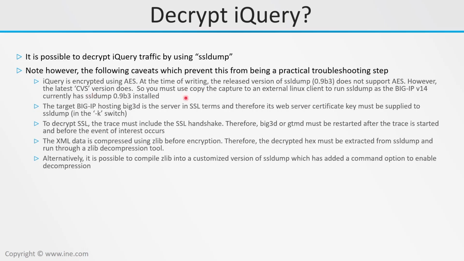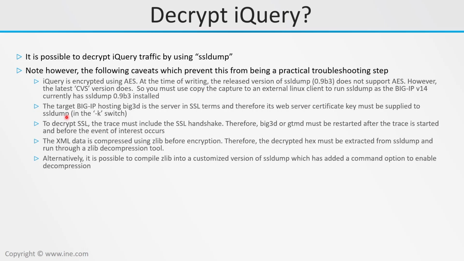So this indicates that you need to copy that capture from the F5 to an external Linux client to run the ssldump, because as of BIG-IP version 14, the F5 does not ship that ssldump version. So you can't run the ssldump locally on the F5. All right, the next thing is you have to use the web server certificate key from the server.